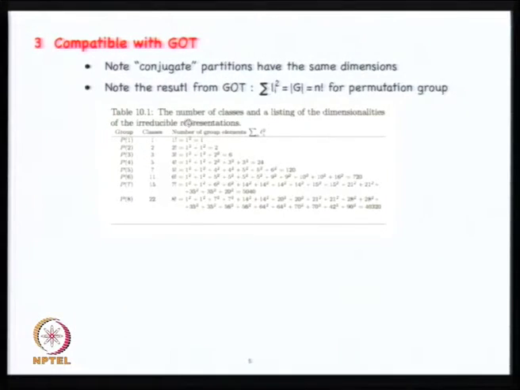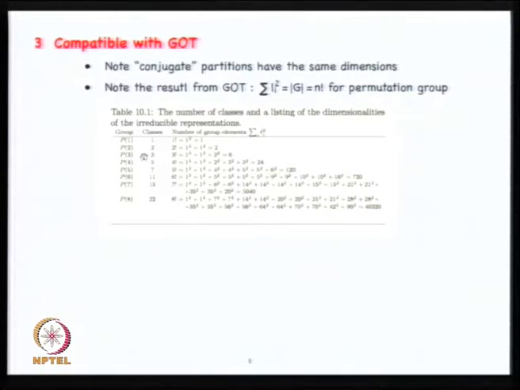Probably if we followed the whole Frobenius proof, then we would see why the sizes of irreps come out the same. So this is a table taken out of the Mildred Dresselhaus book, table 10.1, the number of classes and listing of the dimensionalities for the irreducible representations of various permutation groups from P1 up to P8.